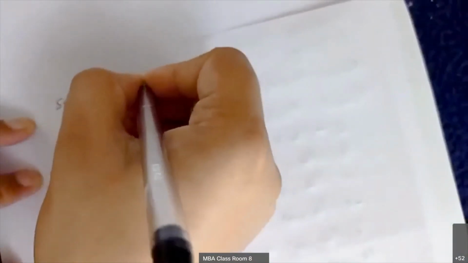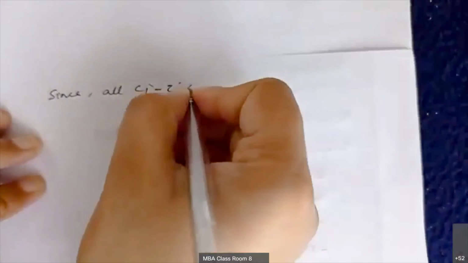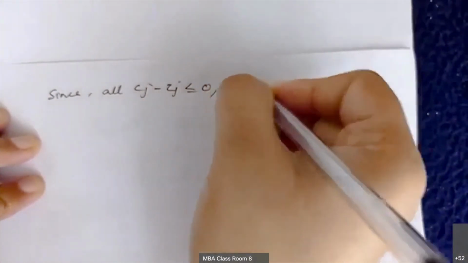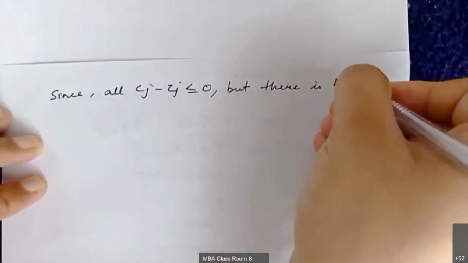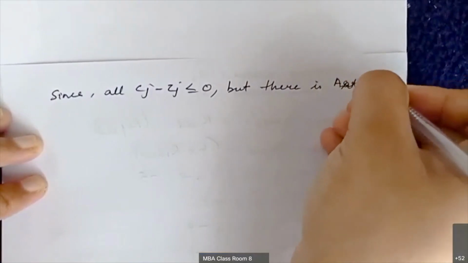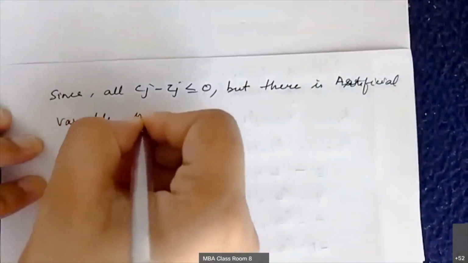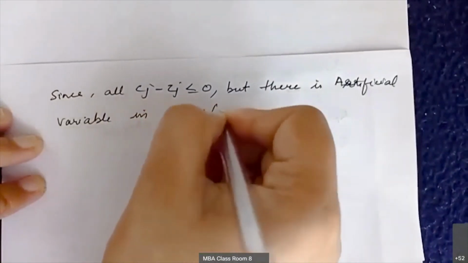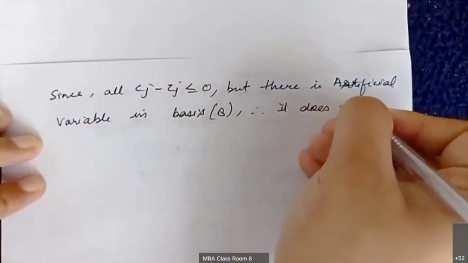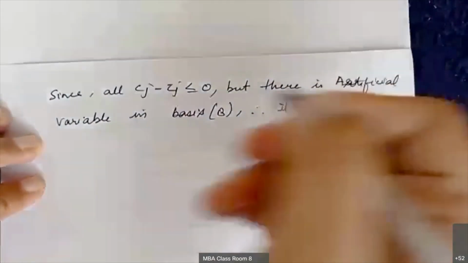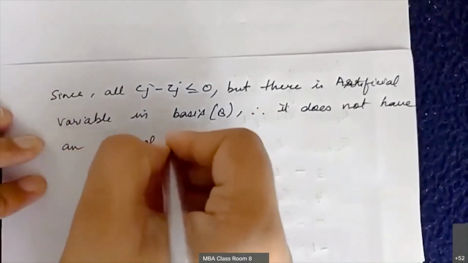Since all Cj minus Zj is less than or equal to 0, but there are artificial variables in the basis (basis is represented by B), therefore it does not have an optimal solution. Optimal solution or feasible solution, the same thing.